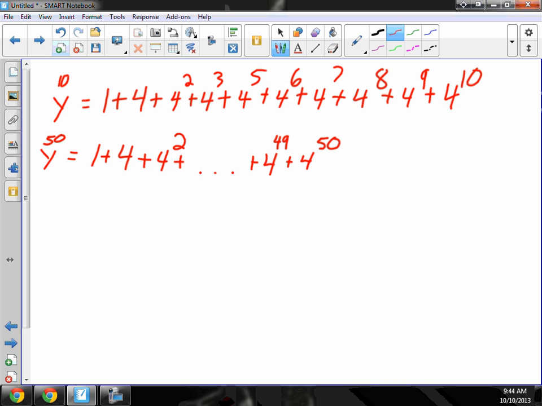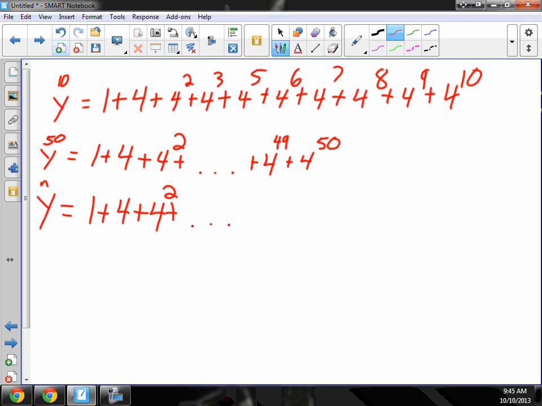So that's what it would be. Now, calculating that is going to be a little bit of a pain, but I do know exactly what 50 is going to equal without calculating anything before. So here is the explicit formula. If I want to find for year n, y equals 1 plus 4 plus 4 squared plus dot, dot, dot, what are my last two terms going to be?